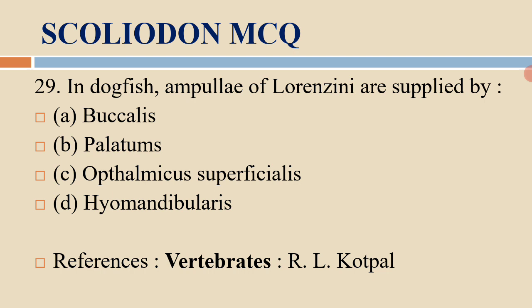A. buccalis, B. palatinus, C. ophthalmicus superficialis, and D. hyomandibularis. So the ampullae of Lorenzini are supplied by C. ophthalmicus superficialis, one of the branches of the fifth cranial nerve.